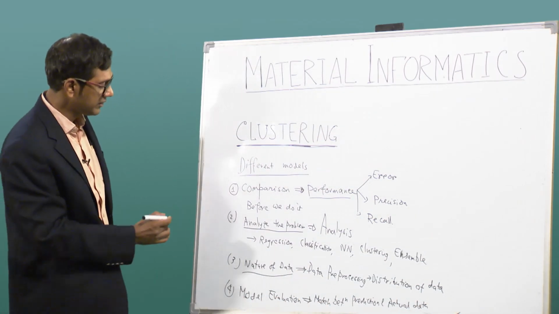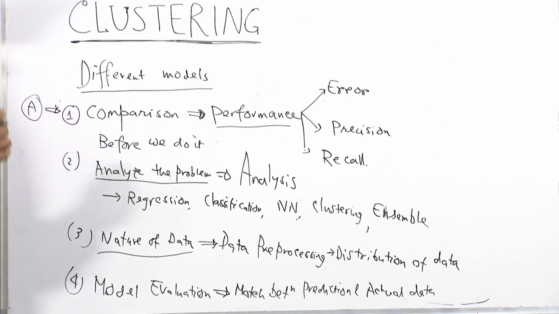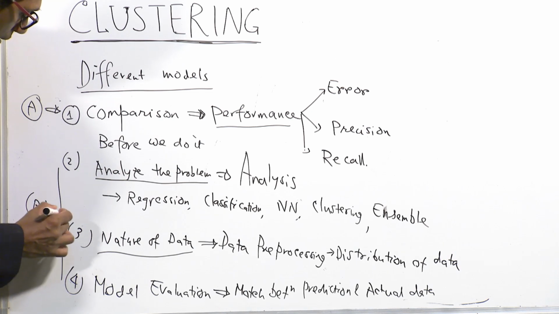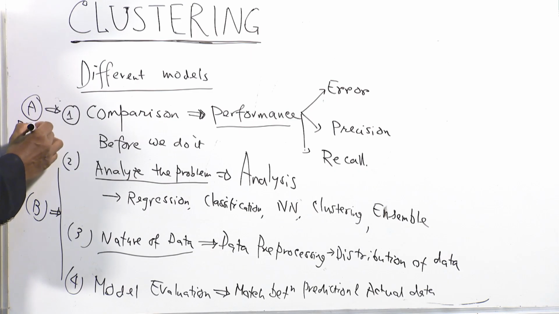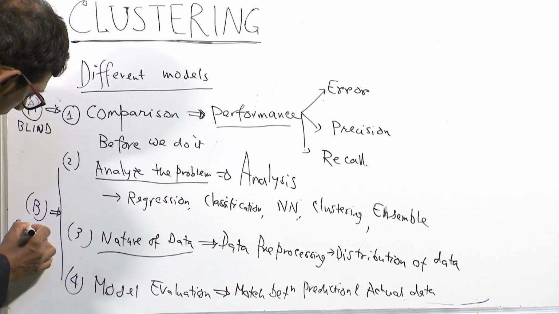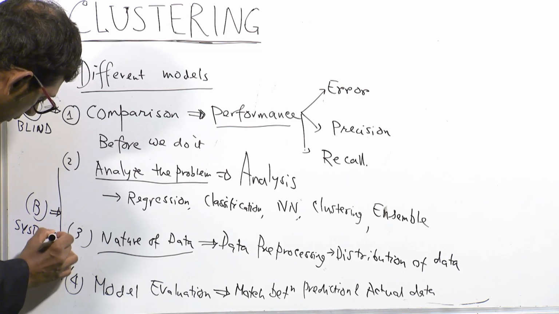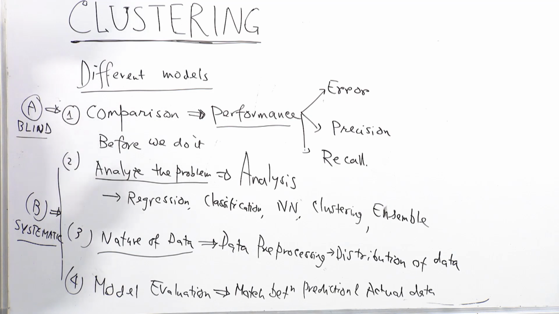So, if I consider this as A, which is called the blind approach, and B, which is called the systematic approach, I can always write this down as a blind approach, which many students use, and this is called the systematic approach. Okay. So, the systematic approach is better to use.